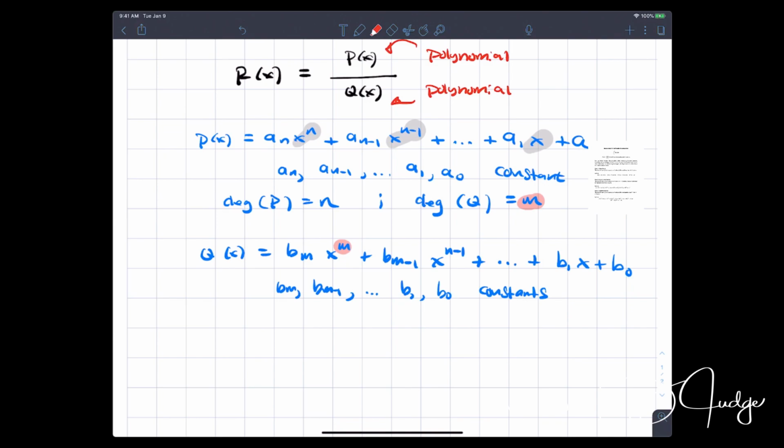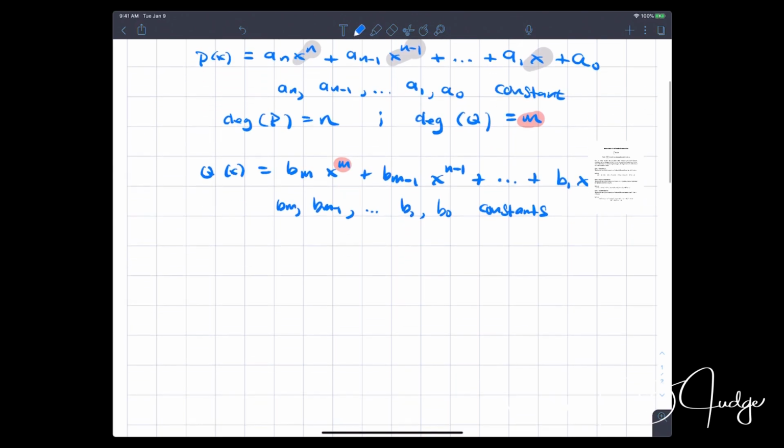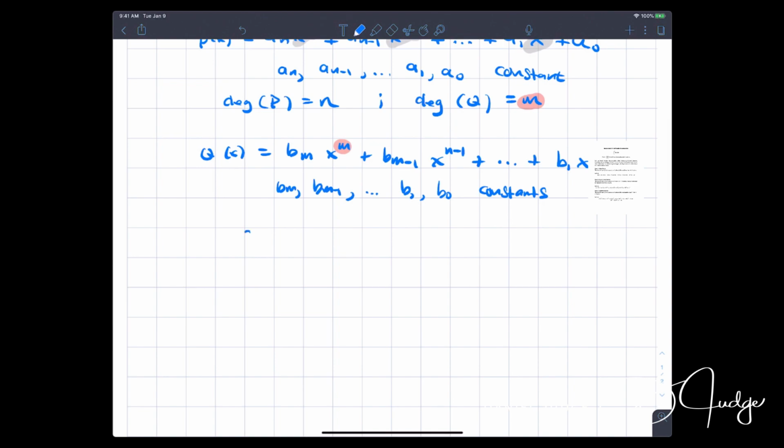So we're going to be integrating rational functions now. And you already know how to do some of them. So you have r of x there, which I wrote in our notes, which is really the integral of p of x over q of x dx, where both p and q are polynomials.